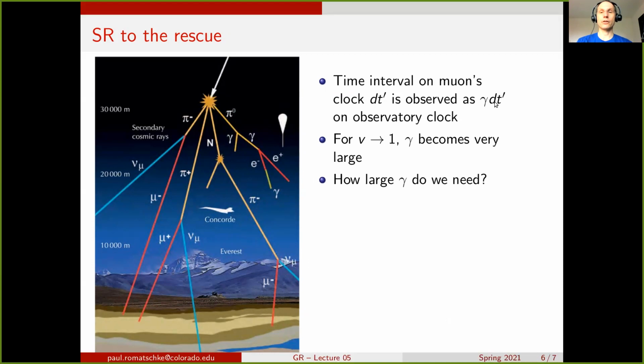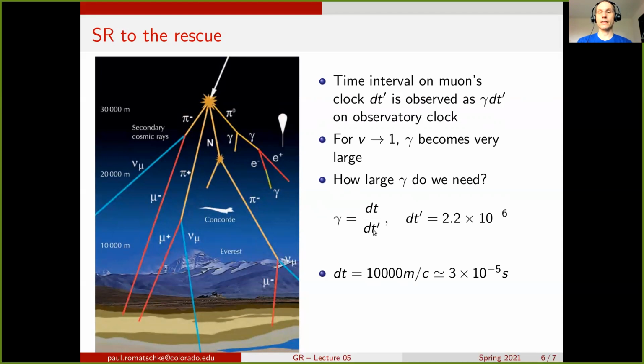The question is, how large of a gamma factor do we need in order to resolve the puzzle between the finite decay time and the distance that these muons have to travel so that they can be observed on the ground? We can invert the relation and say gamma has to be the time element dt divided by the time element in the muon frame dt prime. We can take the time element in the muon frame to be the time that it takes for the muon to decay, 2.2 microseconds.